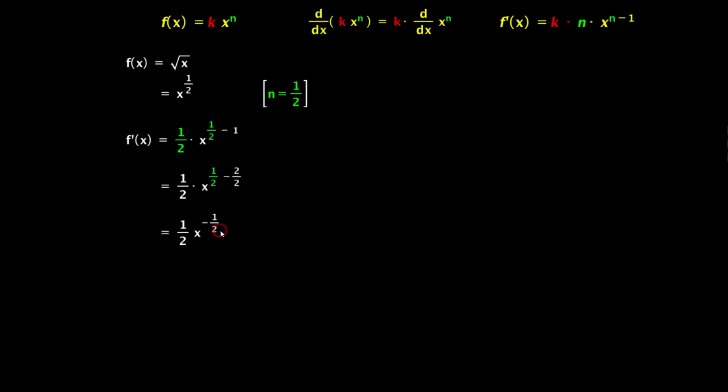So it's going to be half times x to the power of, same common denominator 2, negative 2, negative 1 is negative 1/2, or half. So this exponent should go down. So it's going to be half times 1 over x to the power of positive half.